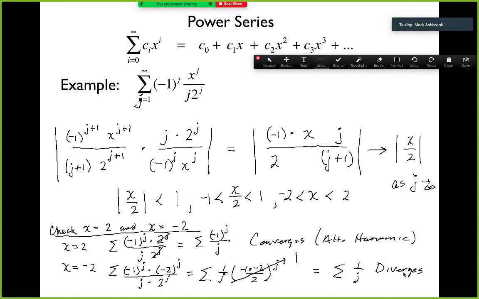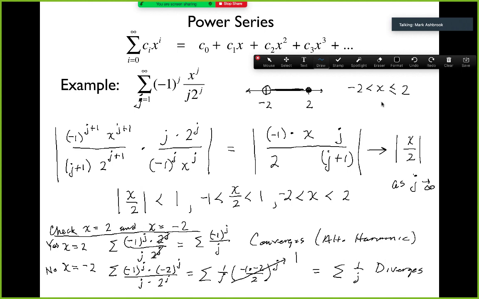Okay, so what's our interval? So x equals 2 is yes. x equals negative 2 is no. So positive 2 gave us a yes this time, and negative 2 gave us a no. So the interval of convergence is negative 2 less than x less than or equal to 2.